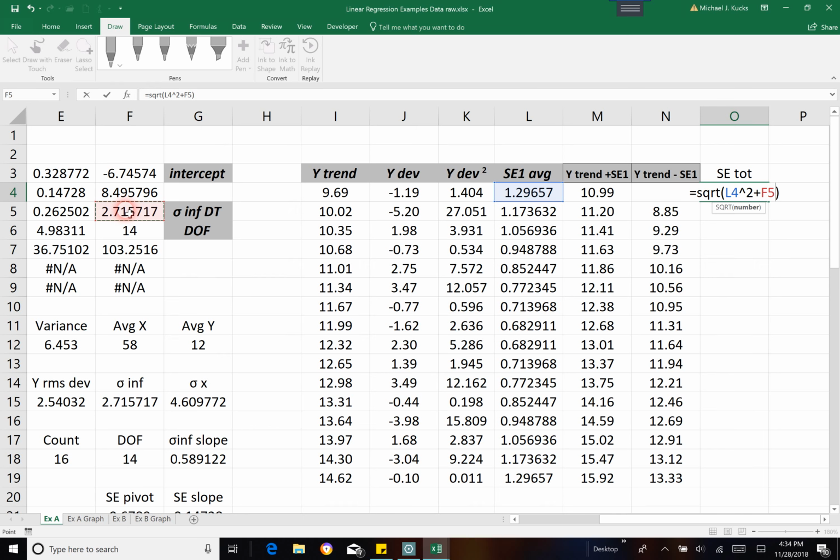That has to be an absolute cell address. And then we're going to square that. And we're going to add those two together. Take the square root, add like Pythagoras. And I get this.